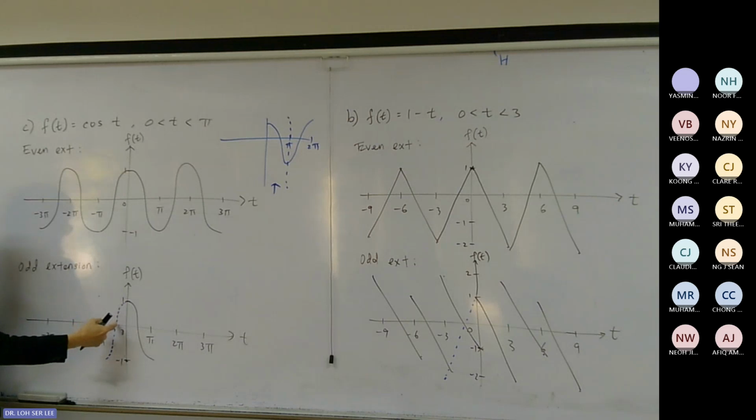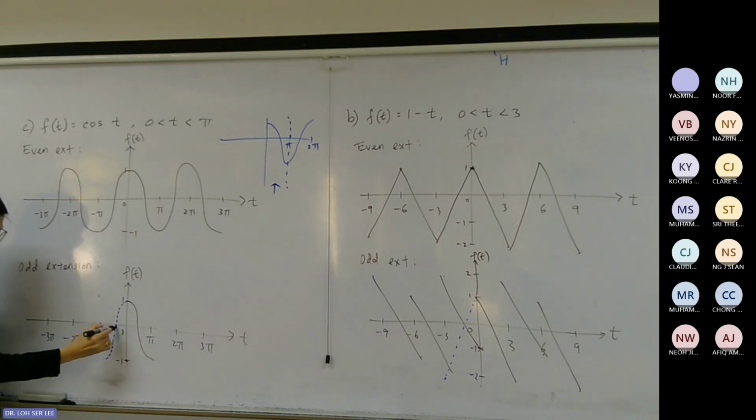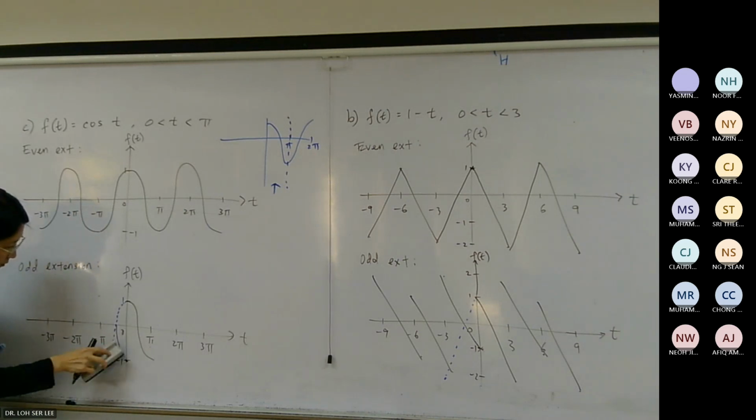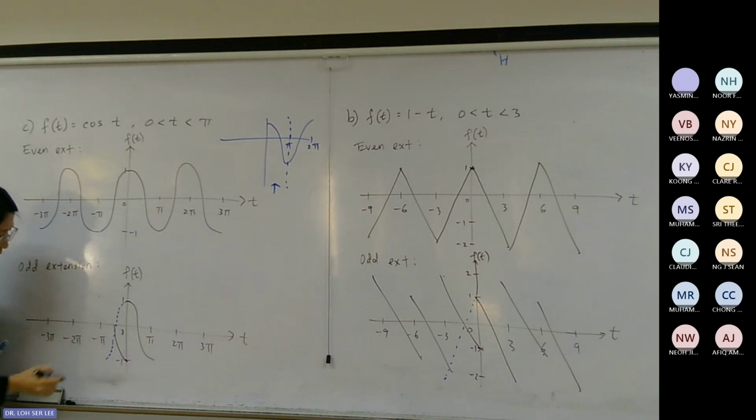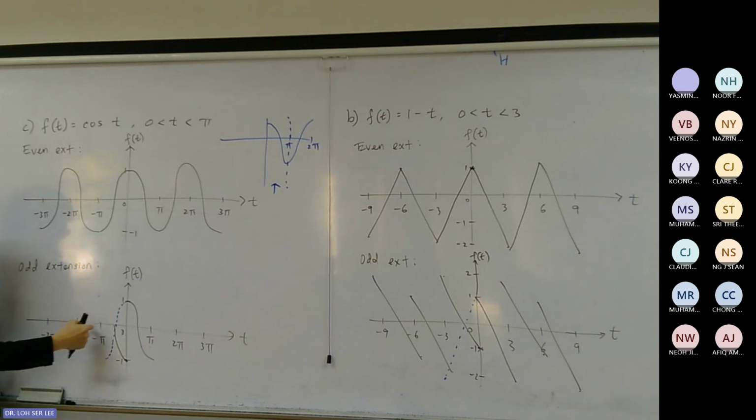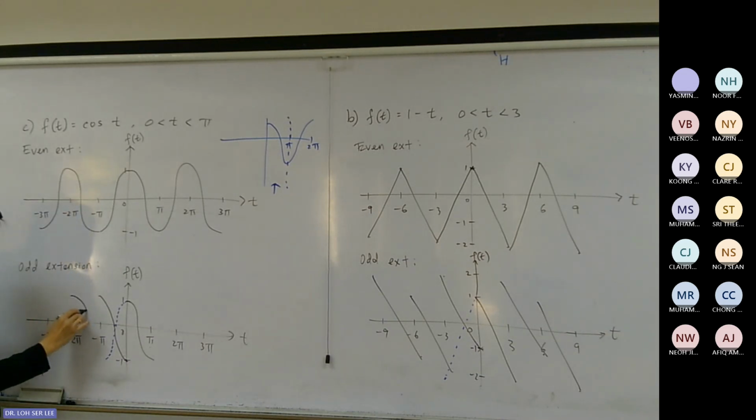If you just look at this part, when you reflect it through the x-axis, it will be this. This one reflected through the x will be this. That means these two are the same curve. Ignore the dotted curve. So you just copy this and paste it.